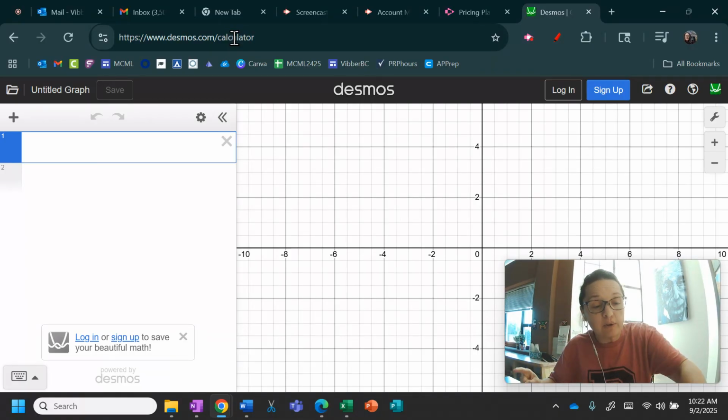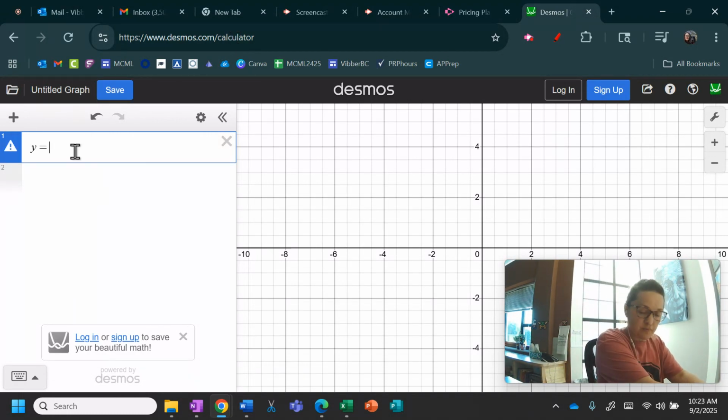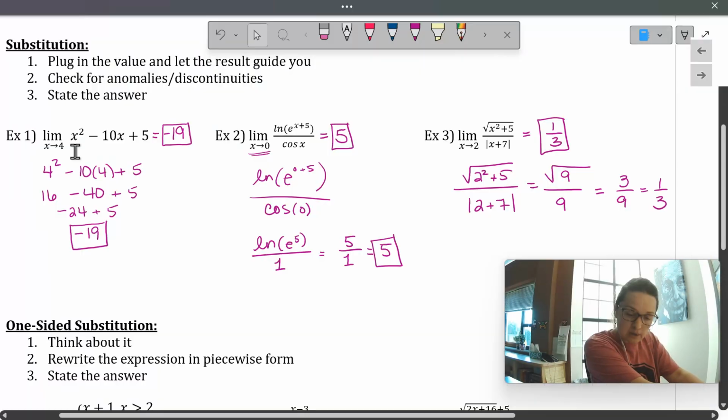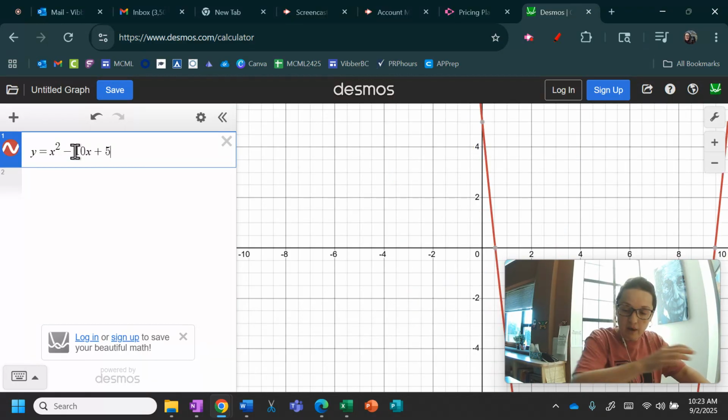Because the Desmos calculator is the one that is on your AP exam and on your SAT exam, and it's just a free and awesome calculator. Bookmark this. I know what a parabola looks like, but just for fun, if I put that parabola in here, it was x squared minus 10x plus 5.